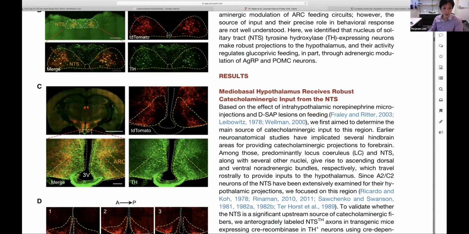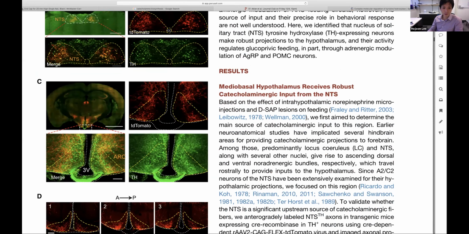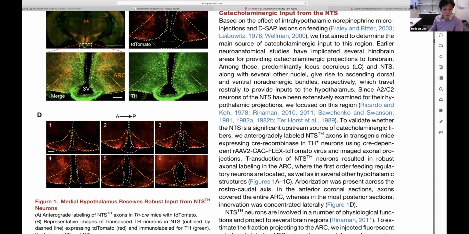And here, by showing that most of the green cells are not red, you can conclude that the projections, at least for the TH, are mainly going from NTS to the hypothalamus and not the other way around, right? And this shows the entirety of the arcuate nucleus.